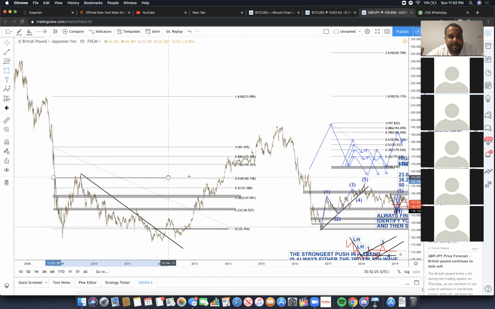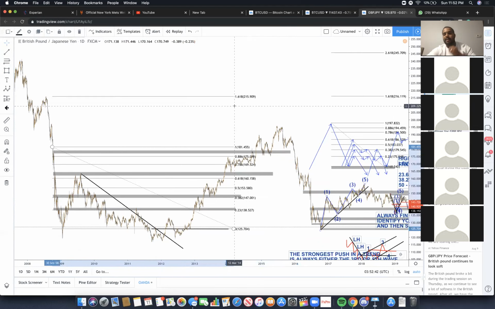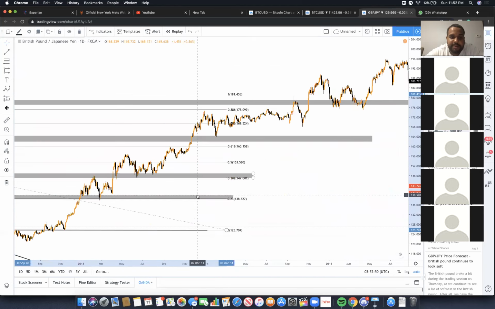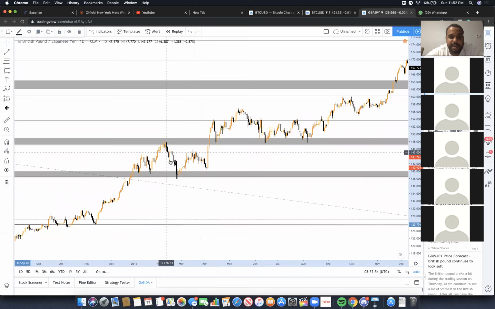Right, here's my... You see that? So as the market is doing what? It failed to break the 38.2. Look at the reaction of the market on the failure to break the 38.2. Strong push down, right?